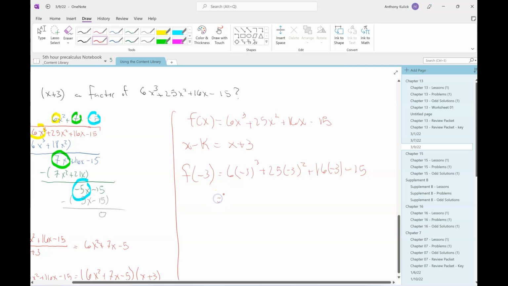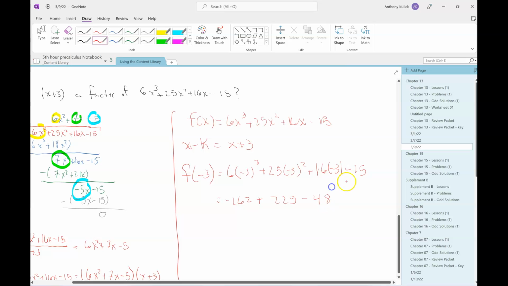All right, so let's see. So we have negative 27 times 6. That's 180 minus 18, well, negative 162. Then 25 times 9 is 225.